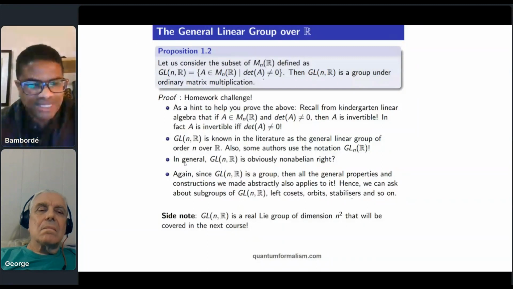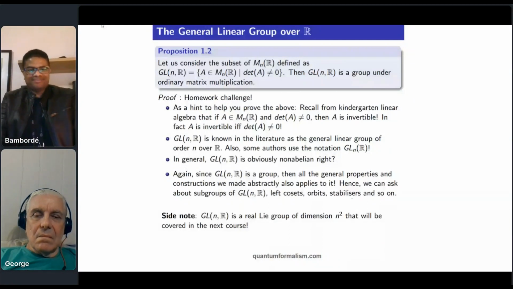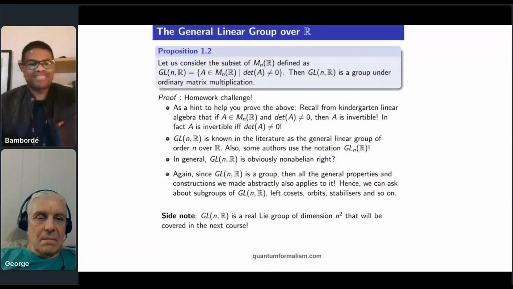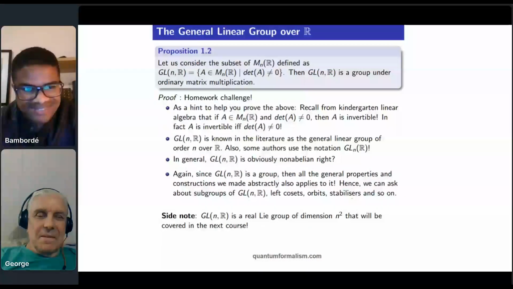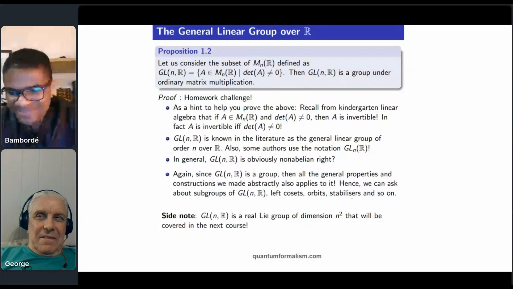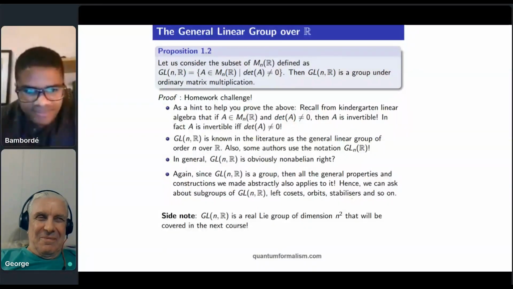This brings us to the other question that George and I were talking about before. In general, it's non-abelian. So you can ask another question: under what circumstances is it abelian? But in general, it's non-abelian. Maybe George can comment. Yeah, even just from the group theory point of view, without the vector space, you can find abelian subgroups sometimes.